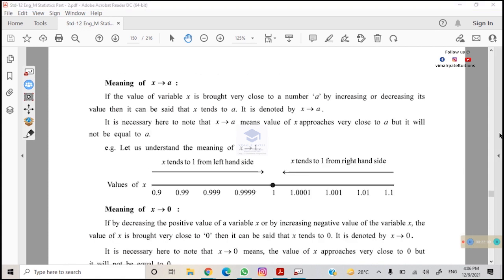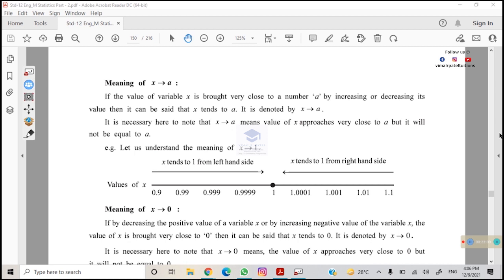Now, meaning of x tends to a. If the value of variable x is brought very close or nearer to number a by increasing or decreasing its value, it can be said that x tends to a. It is denoted by x arrow a. Means value of x will go nearer to a particular number, but it will not become exactly that number.